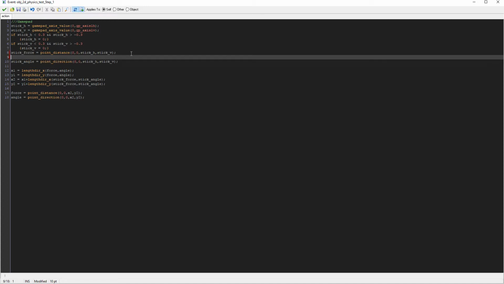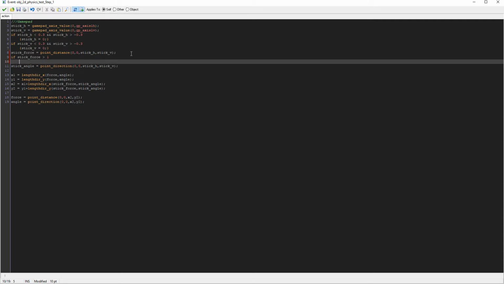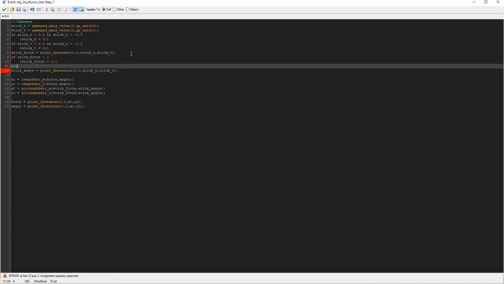Okay, if stick force is above 1, then stick force equals 1, and then stick force times 4.